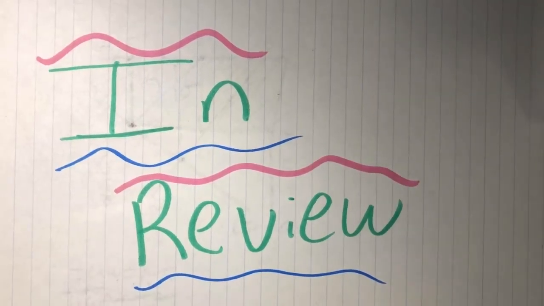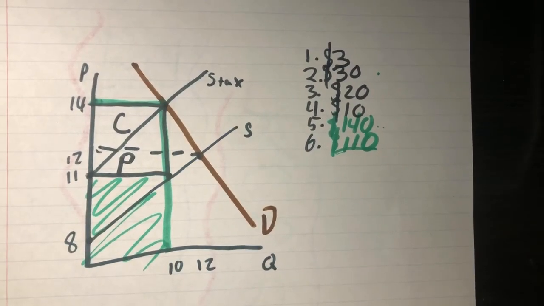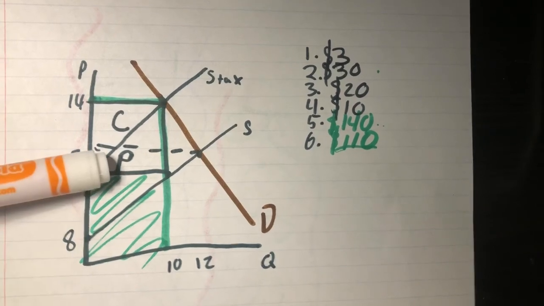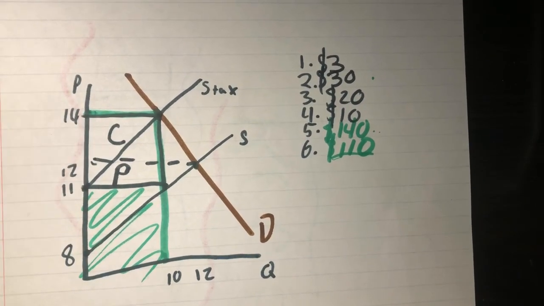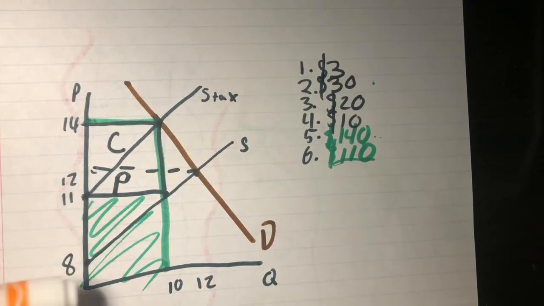And finally, if the product is unit elastic, then the tax burden would be shared equally by both consumers and producers. Going back to our example problem here, we can see that the producers are paying less than the consumers, meaning that this product, you could say, is relatively inelastic.